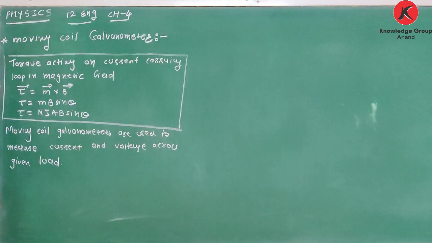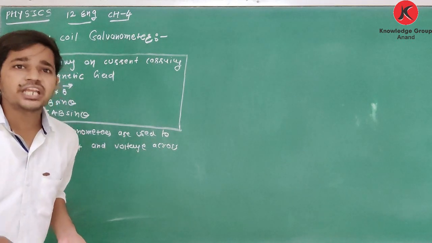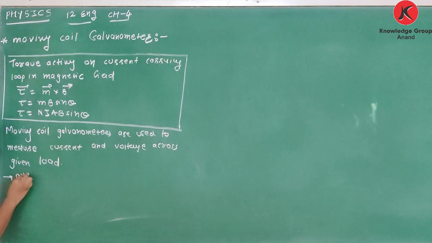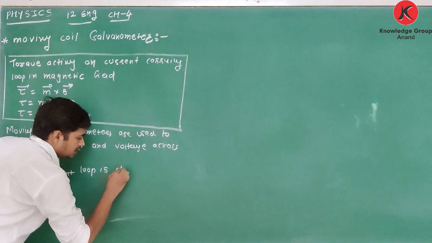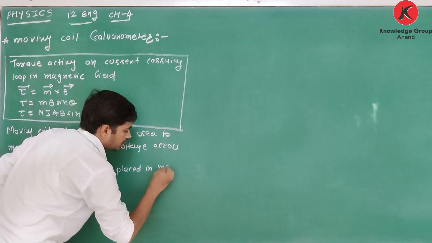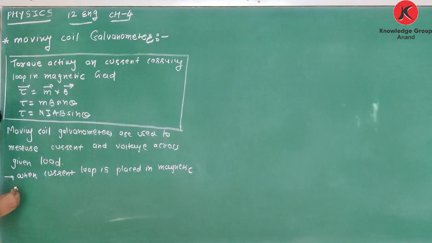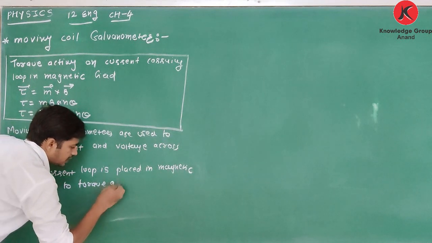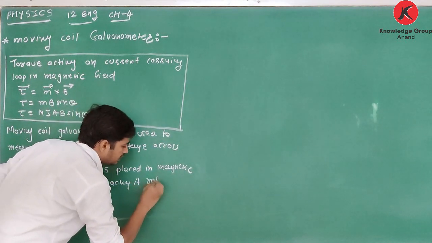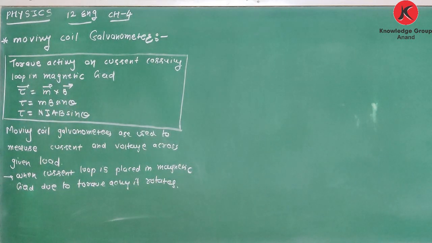First of all, its principle: torque acting on a current carrying loop in a magnetic field, tau equals m cross B. When a current carrying loop is placed in a magnetic field, it rotates due to the torque acting on it. Clear about this? So that is its principle.